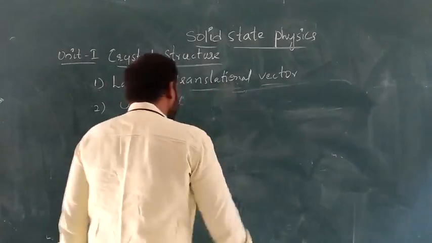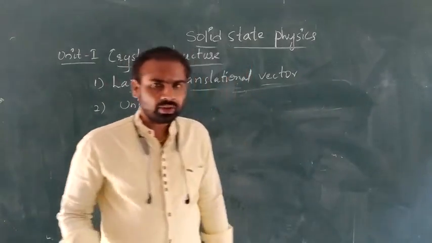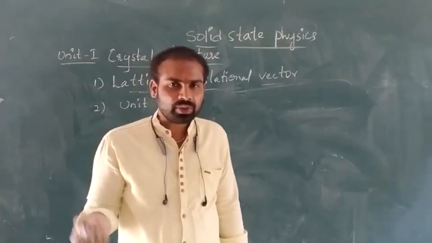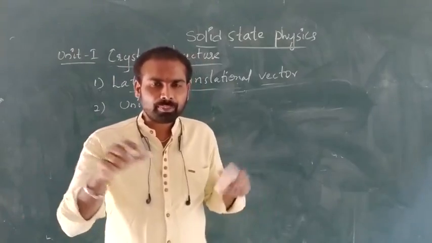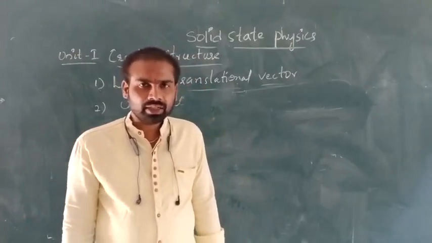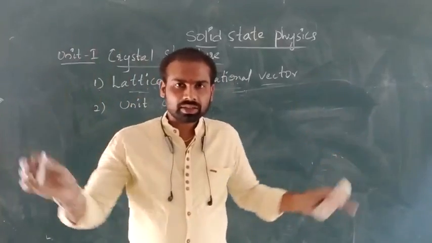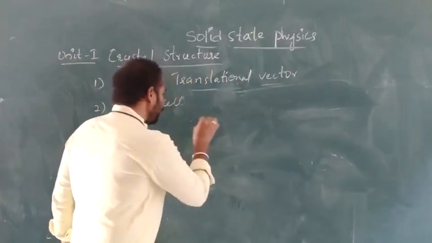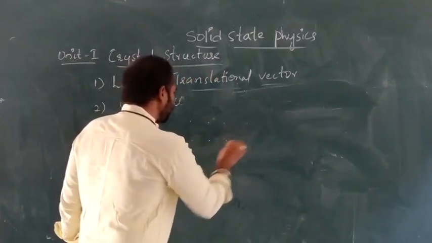In the last class, we discussed what is lattice and what is basis. Lattice plus basis gives the complete crystal structure. If you take some lattice points in space, these are imaginary points.